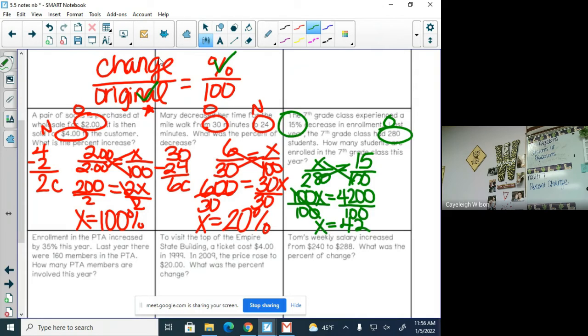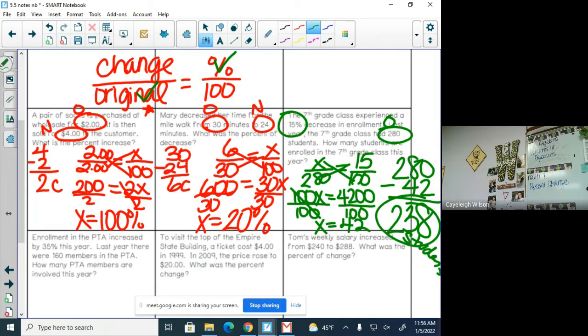So it takes the original amount, it's decreasing it by 42 students. And that's where they now have 238 students. So if it's a decrease, the amount should go down. That's why I subtracted. But if it was an increase, then I would add it because it should go up.